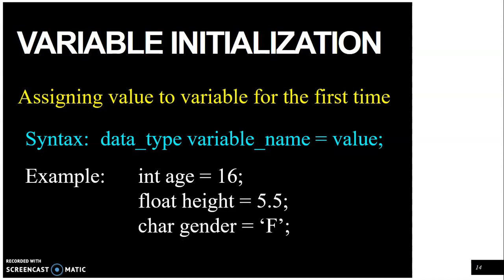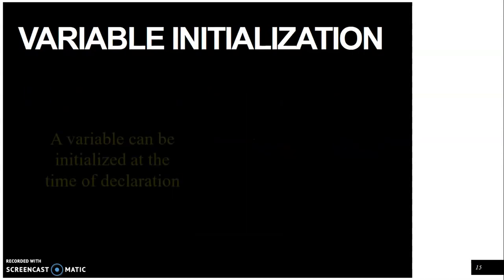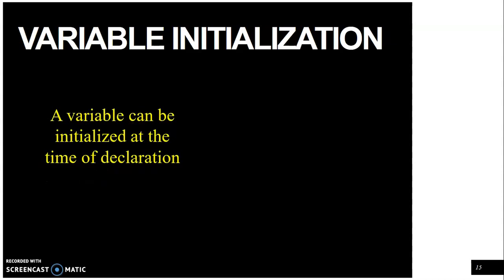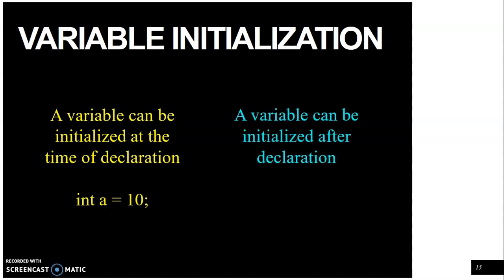All these variables are initialized with a value. You have to remember that a variable can be initialized at the time of declaration, just like this. As soon as you declare it, you can initialize it. And second, a variable can be initialized after declaration. First, declare the variable, and afterwards you can initialize it.